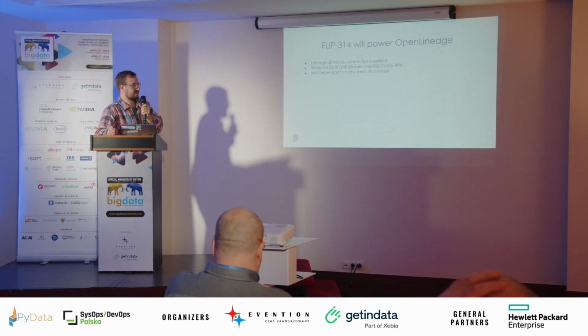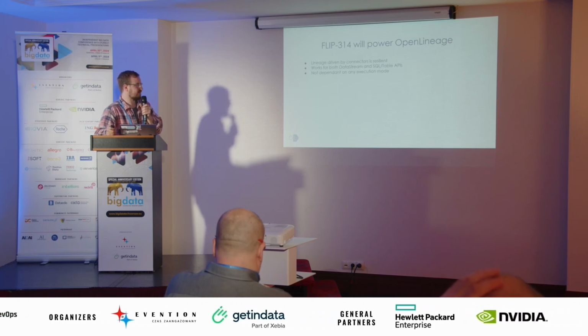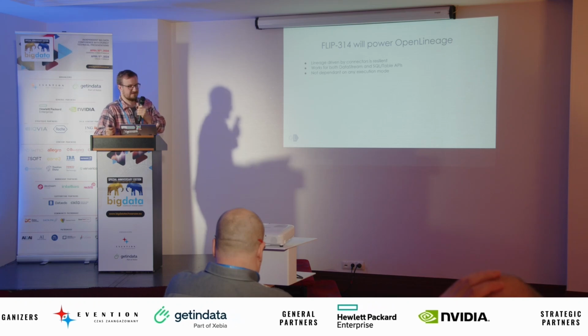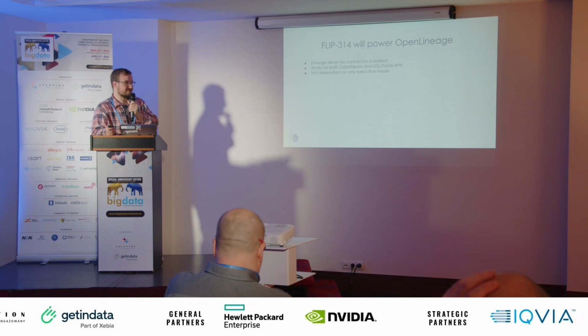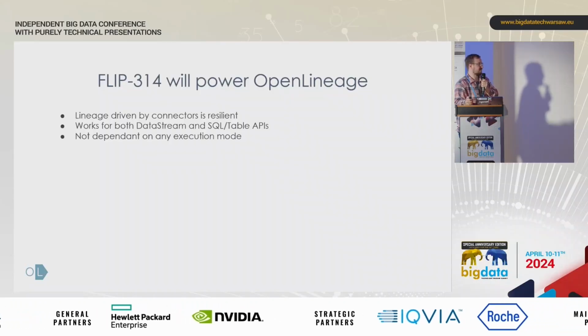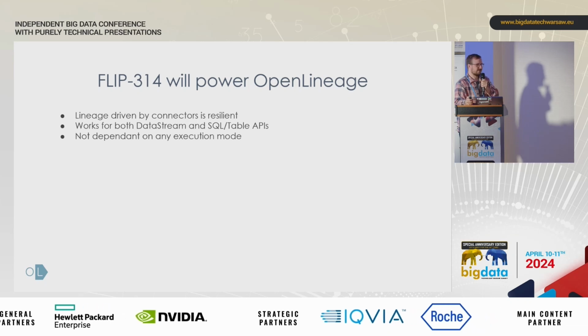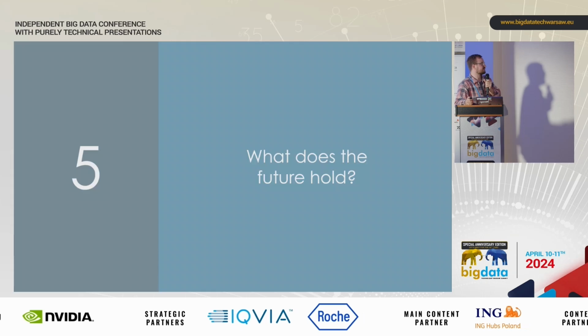So this is accepted. This is under work, and in the future, hopefully in the next Flink release, we'll have the great solution that will be basically solving the original problem without any evil hacks and limitations.